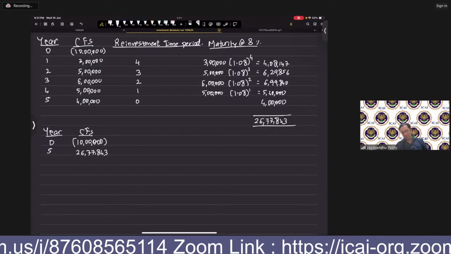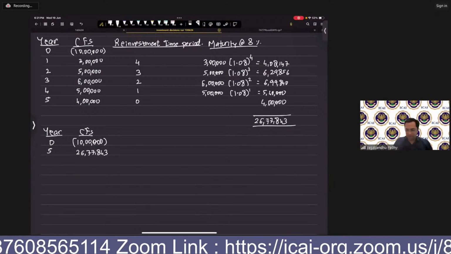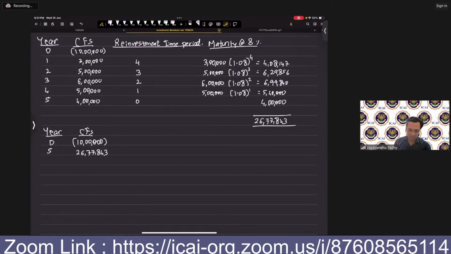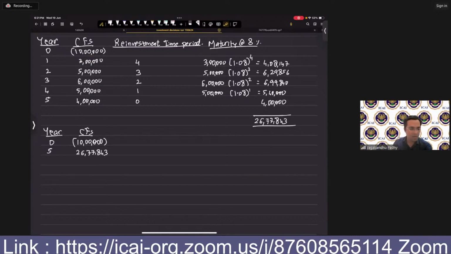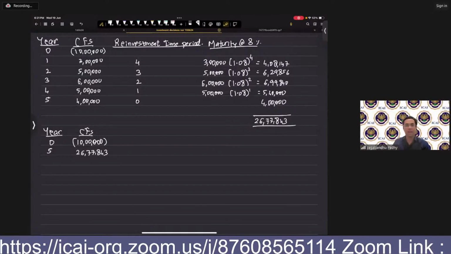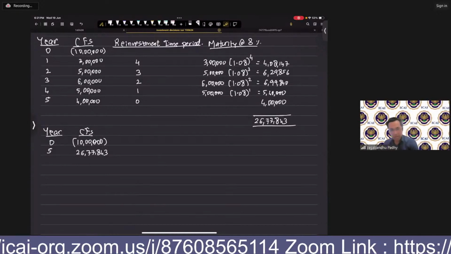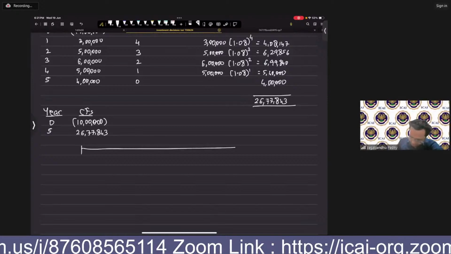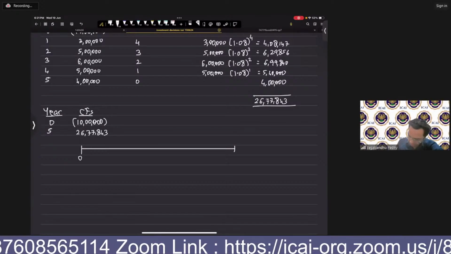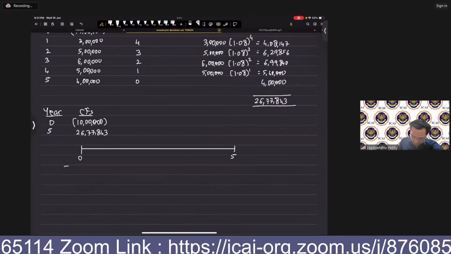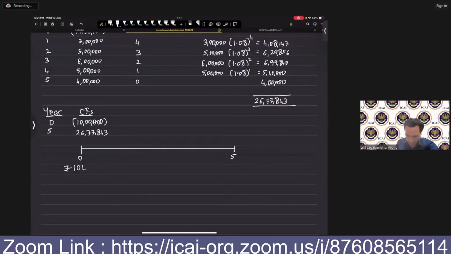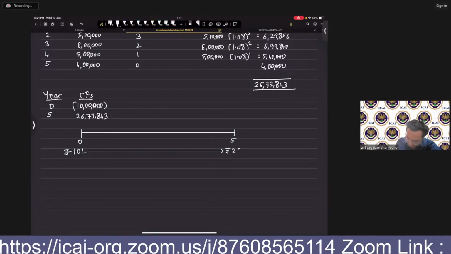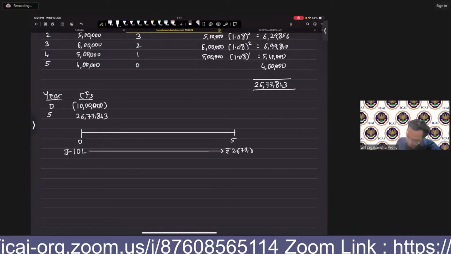So this project which was having intermediate cash flows, we are assuming that the cash flows are simply getting reinvested and you are receiving the entire maturity value at the end of the term. So you have invested in year 0 and you are getting your money directly in the 5th year, or you can say the 10 lakh which you have invested in year 0 becomes a final maturity value of 26 lakh 77,843.